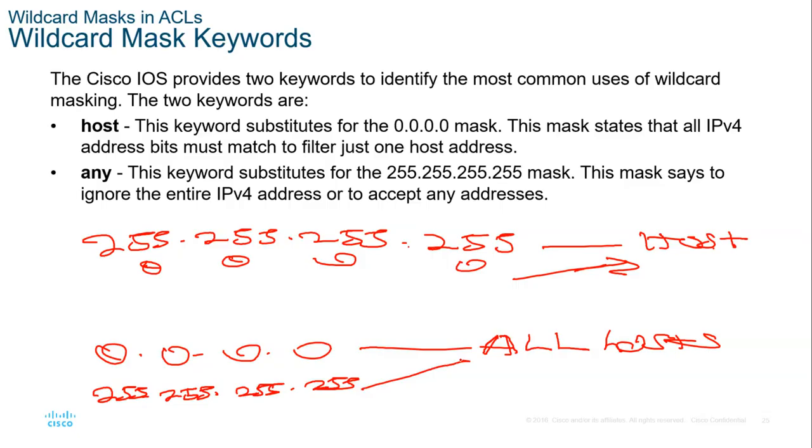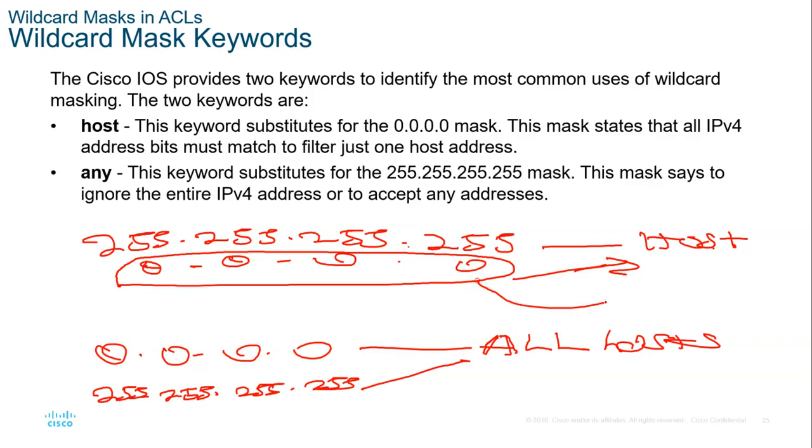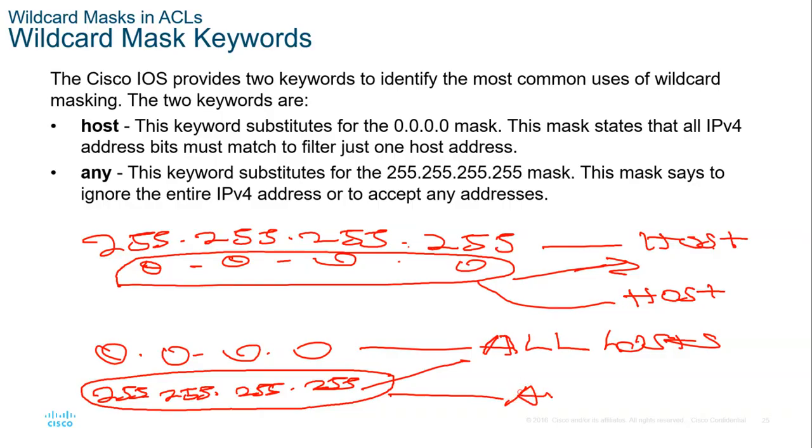So in wildcard mask, where we have the zeros, we can replace this with host, and we can replace this with any. So instead of typing 255, 255, you can replace this with any. Instead of typing 0.0.0.0, you can replace it with host. That is what it's saying here.